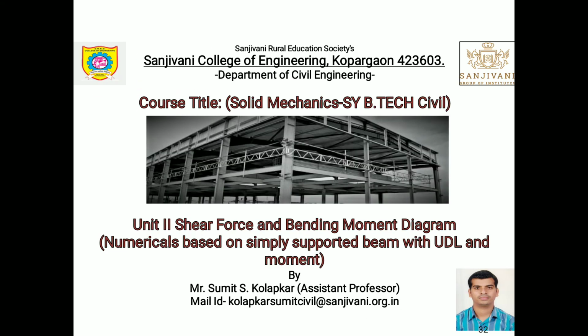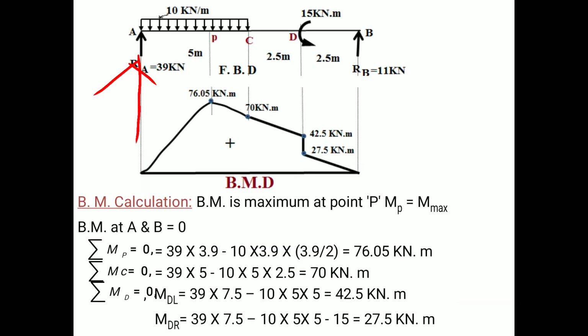this UDL, which has to be converted into a point load, therefore minus 10 into 5. This UDL will act at the center of the 5 meter span, so from point C the load will act at a distance of 2.5, and the remaining distance from C to D is again 2.5, so 2.5 plus 2.5 will be 5.